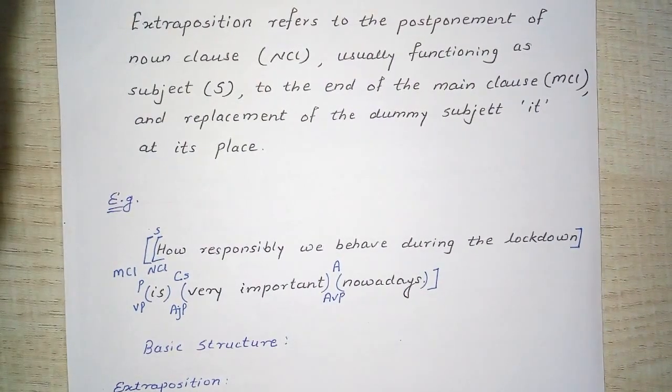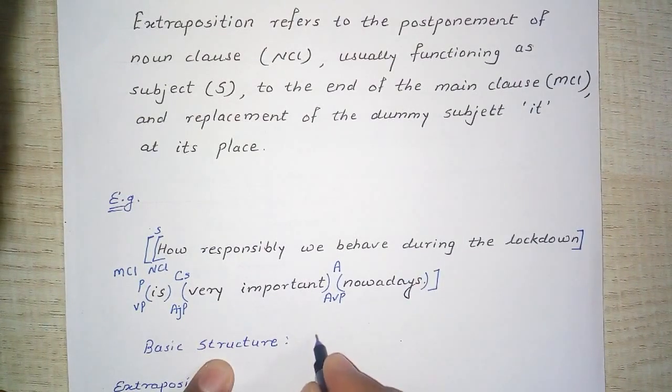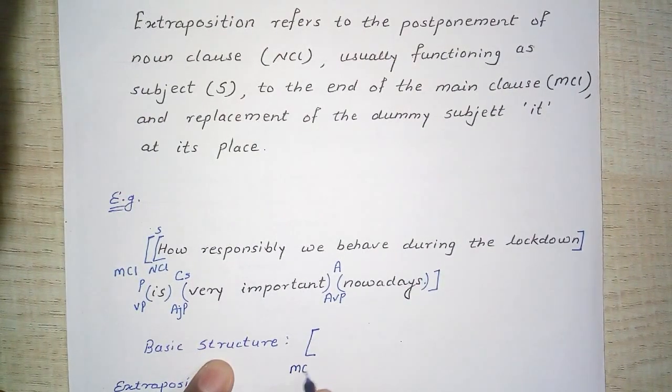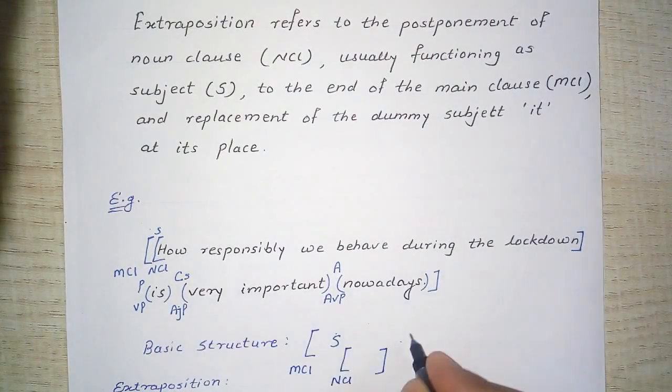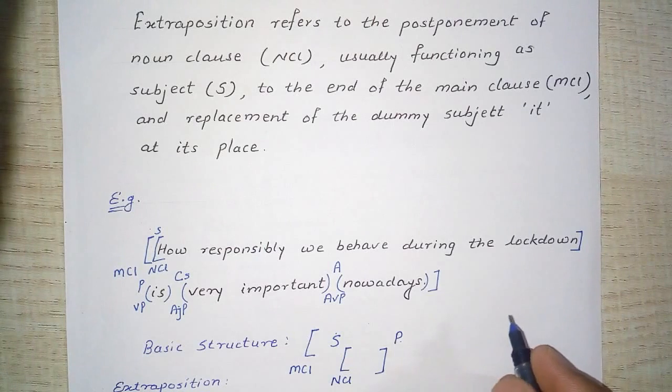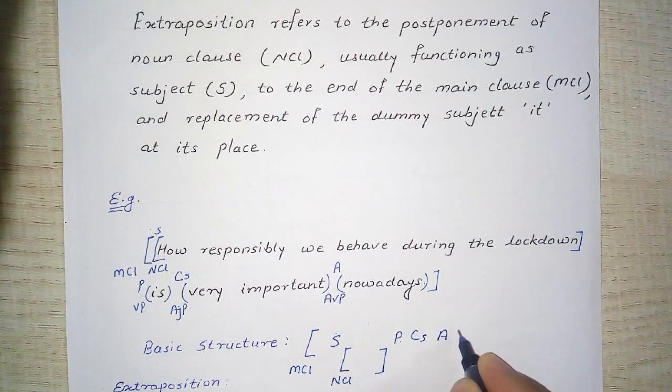So the basic structure of this sentence is, now see, subject, which is basically NCL, then the second element is predicator, the third element is subject complement, and the fourth one is adverbial.